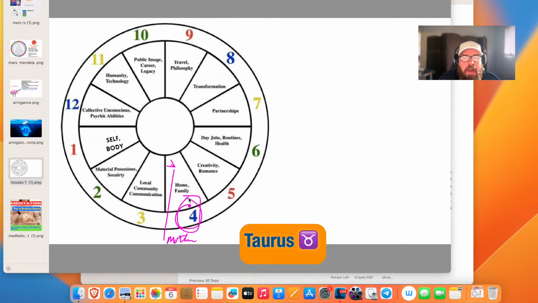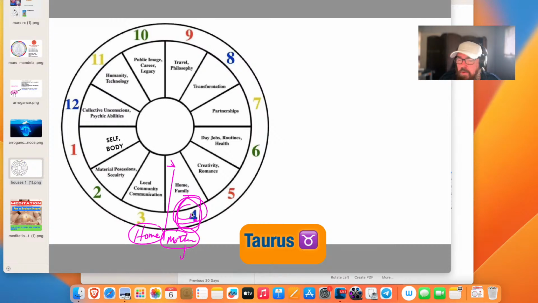It's going to bring up a lot of emotional stuff for the Taurus around home. Maybe you have to stand up for something in your home environment here. And then also about your mother, but going back. This is your early development, so back to childhood.